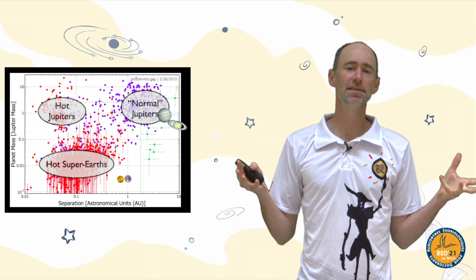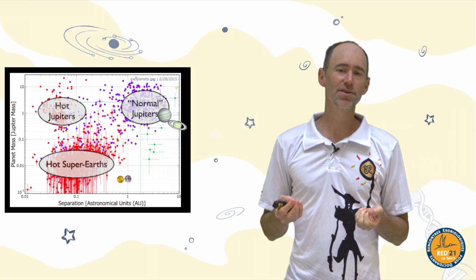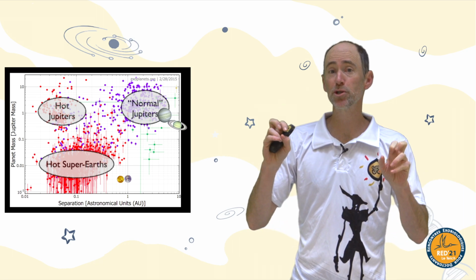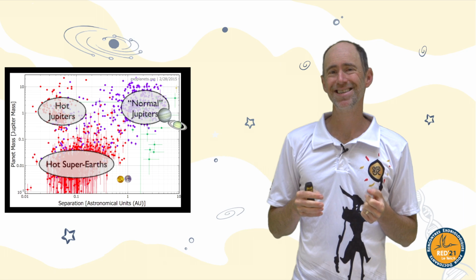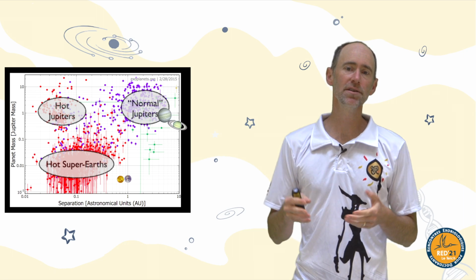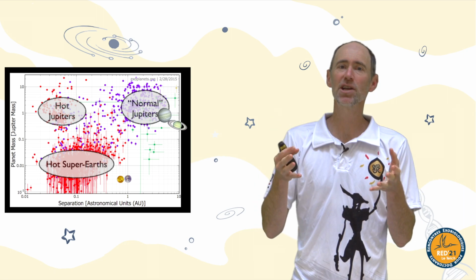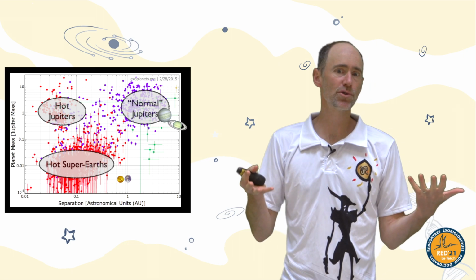Then at the bottom, there is this gigantic clump of what we call hot super Earths. And they're also given other names. Sometimes they're called sub-Neptunes if you have a good constraint on just how puffy they are. And this class of planets is very abundant. Something like 1/3 to 1/2 of all main sequence stars have a hot super Earth. And so they're clearly a really important category of planetary system, and one that we don't have in our own solar system.